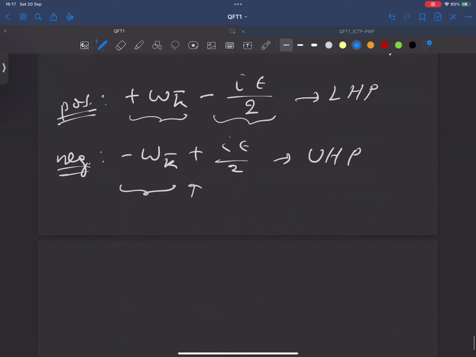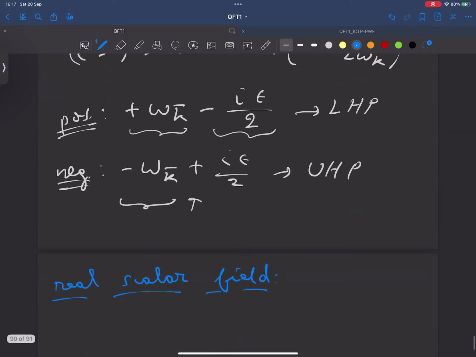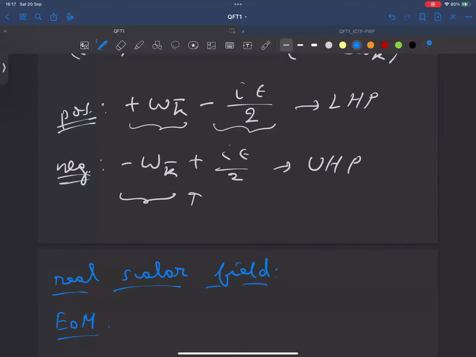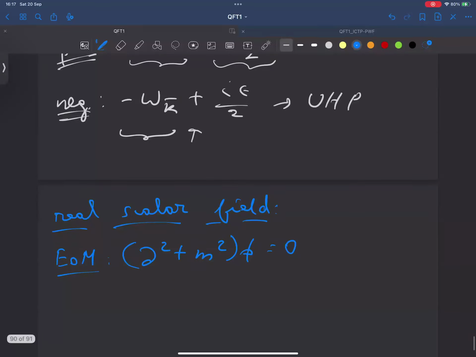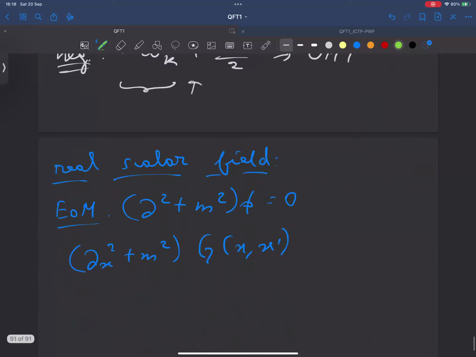Now, one last thing I will do and I'll stop. You can now check that, if you recall, for a real scalar field we had the equation of motion as (del square plus m square) phi equals 0. So if you compute this del square plus m square on this Green function, this Feynman propagator, it's also called the Green's function, it's very straightforward.